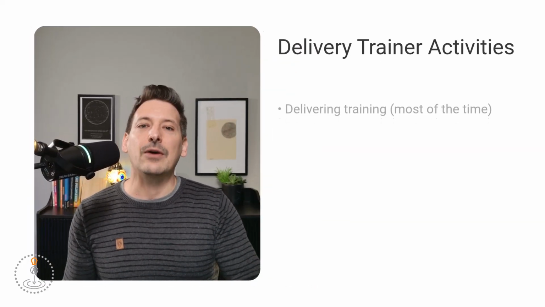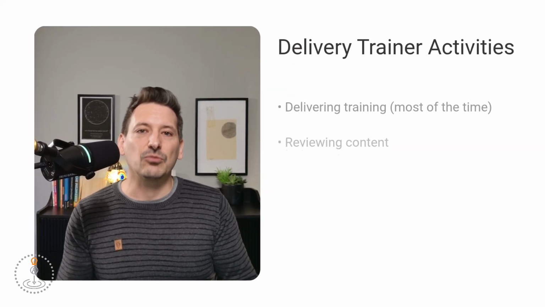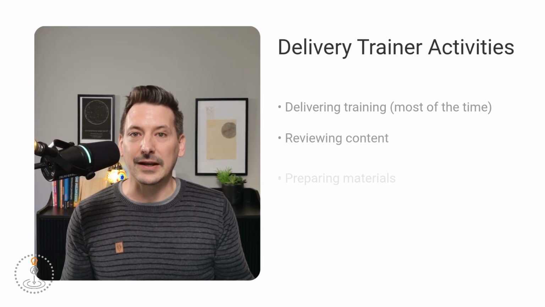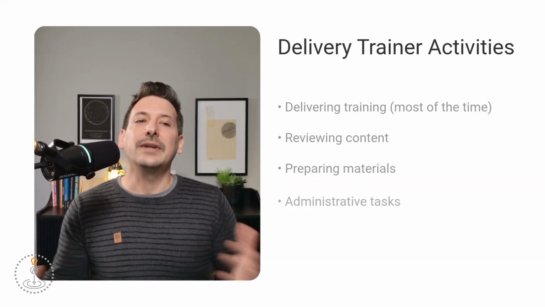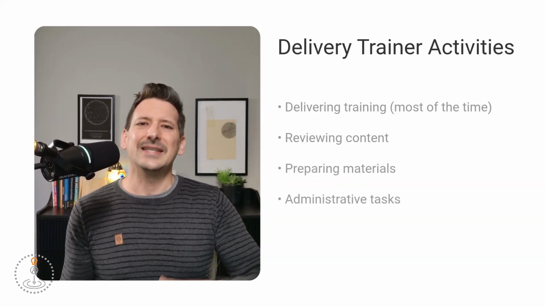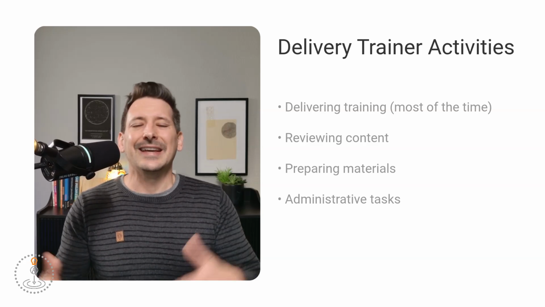And they may have meetings with the learning program managers when new projects kick off or even wrap up. And they'll probably meet with the coordinator and LMS administrators from time to time. But most of their time outside of delivering is spent reviewing content to prepare for training, preparing materials before a training kicks off, or completing administrative tasks like taking roll, entering grades, and catching up on email.